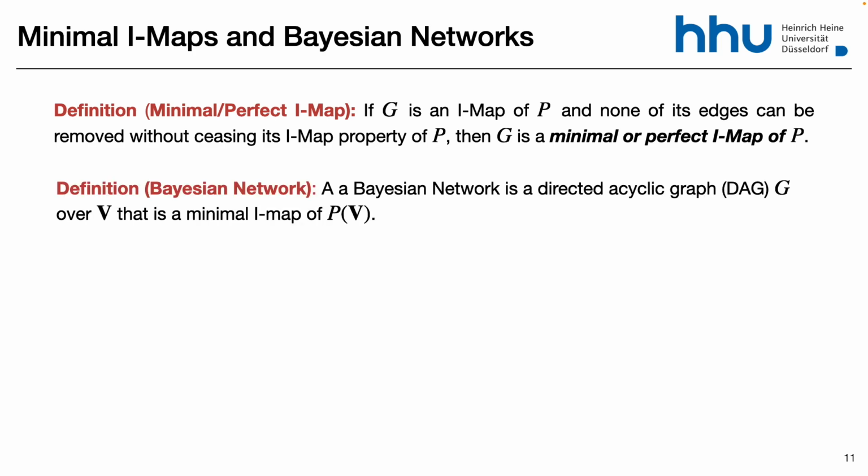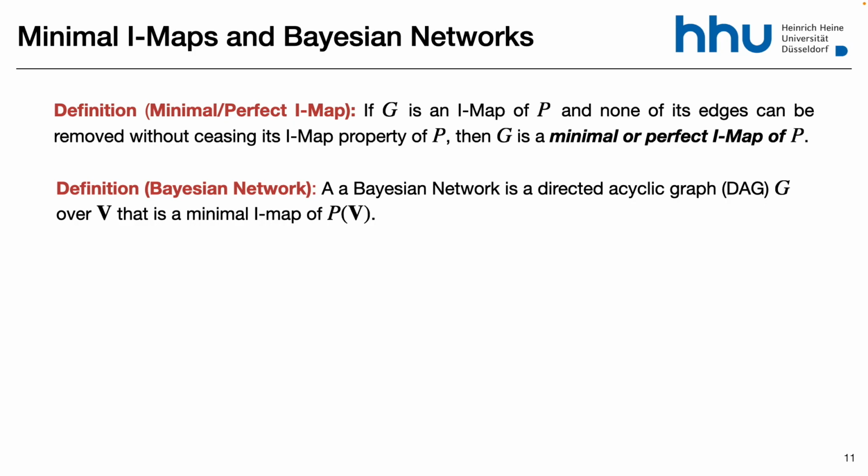So a Bayesian network is not only a directed graph, but it has to be a minimal IMAP. Not only does every implication from the graph hold in the probability distribution, but I also cannot remove any edge without ceasing to be an IMAP. So it has to be the most sparse graph possible.